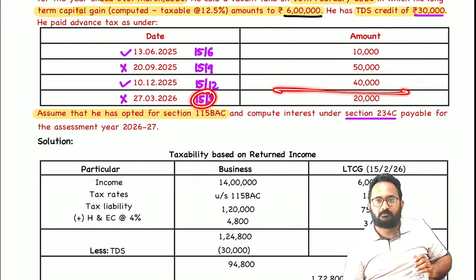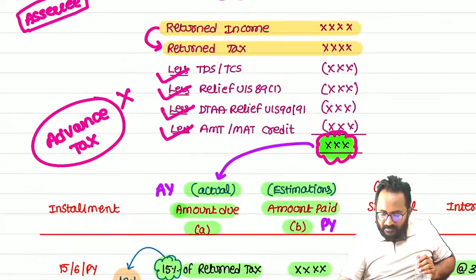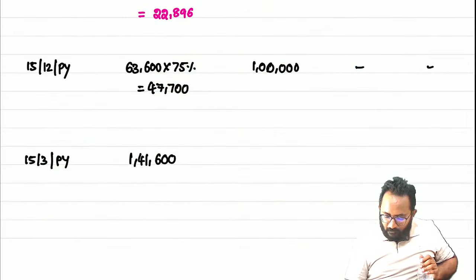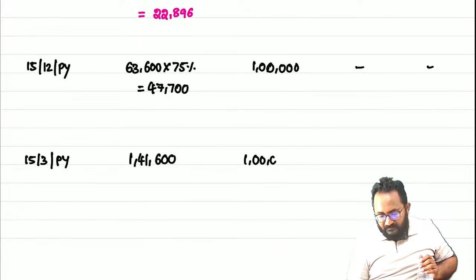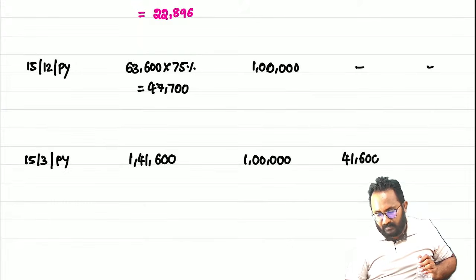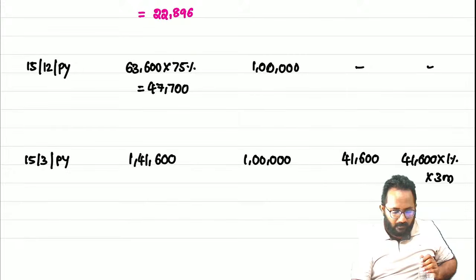Difference between these two, 41,600. 41,600 into 1% into 3 months. How much?